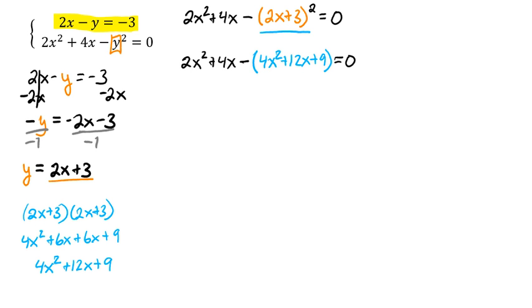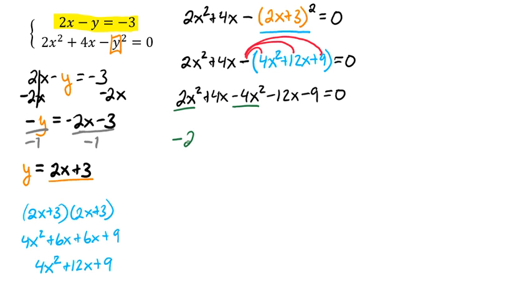All right, and so from here we see a negative sign. So we actually need to distribute our negative to all of those pieces. And so that's going to give us 2x squared plus 4x minus 4x squared minus 12x minus 9 equals 0. And I'm going to combine my like terms. So I see that I have some x squareds here, so that's going to be a -2x squared.